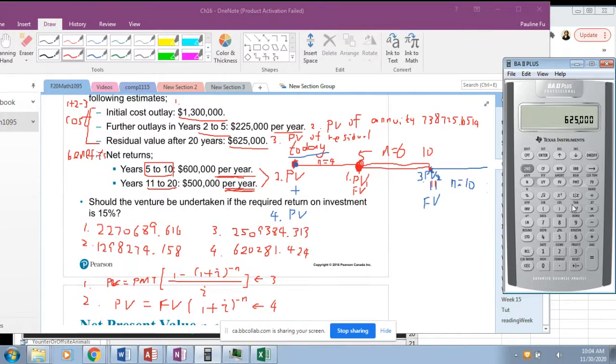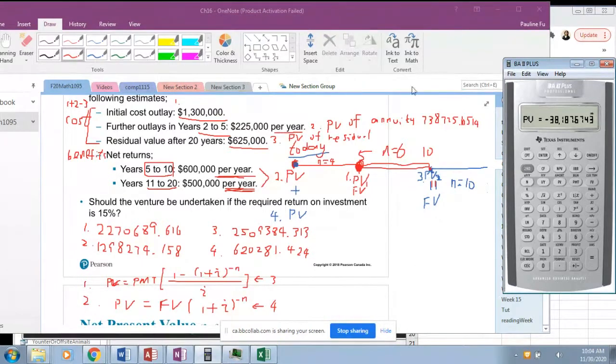That is the future value. 0 is PMT, or regular compound interest. 15 is I/Y. 20 is N. Compute PV.